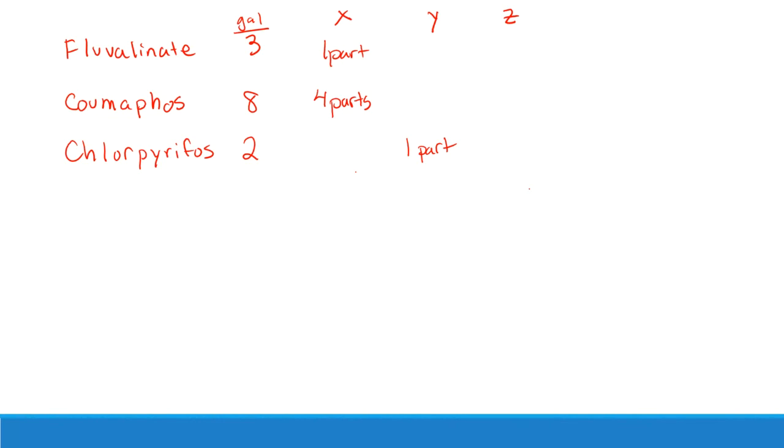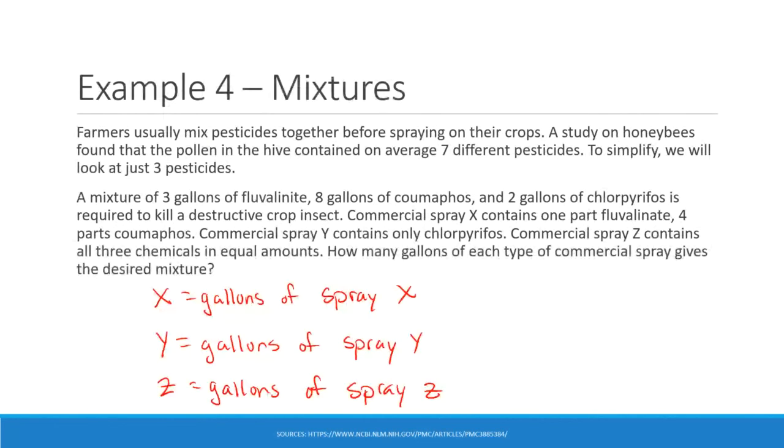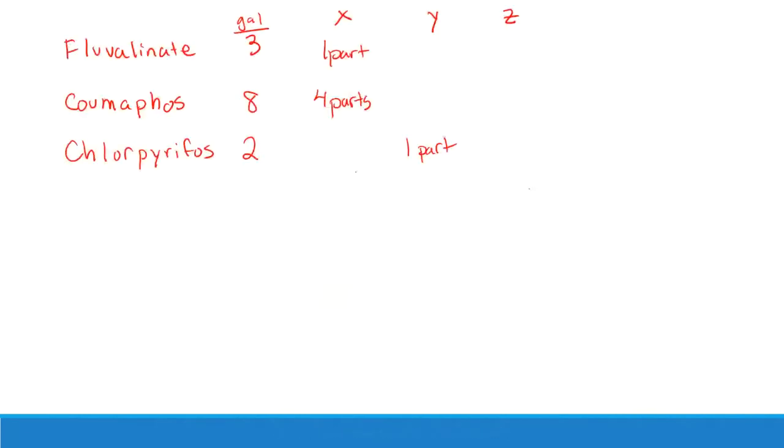And then for Z, Z contains all 3 chemicals in equal amounts. So we can say 1 part of each. So we have 1 part of fluvalinate, 1 part of coumaphos, 1 part chlorpyrifos.